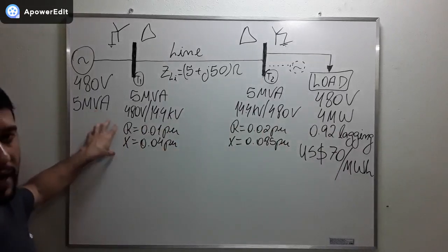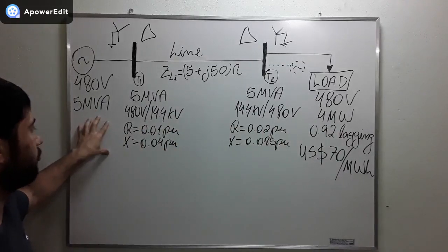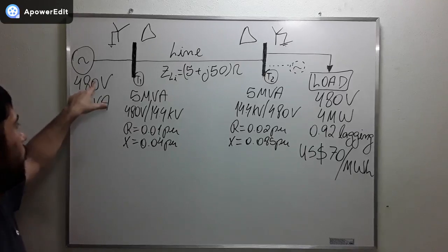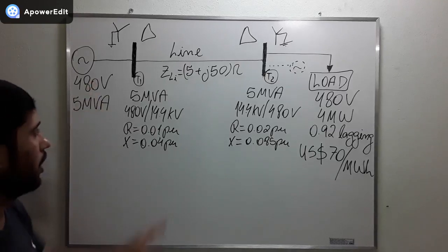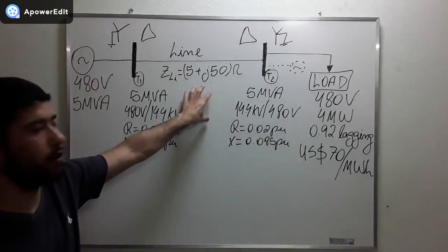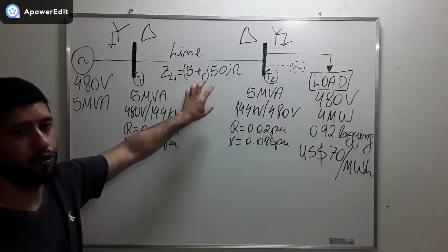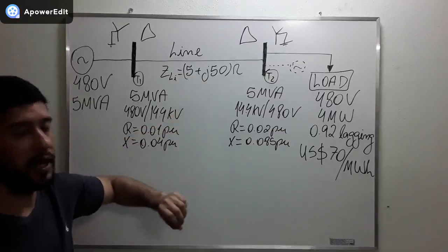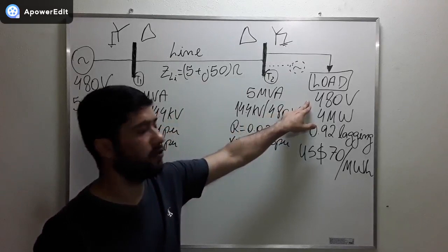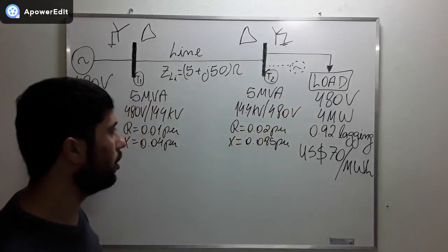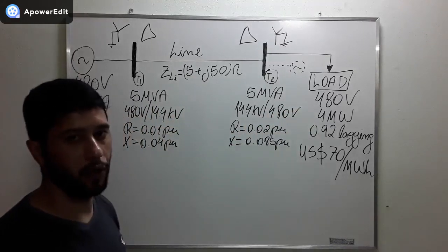We're going to have base values for region 1, which is the region of the generator, for region 2, which is the region of the line, and for region 3, which is the region of the load.